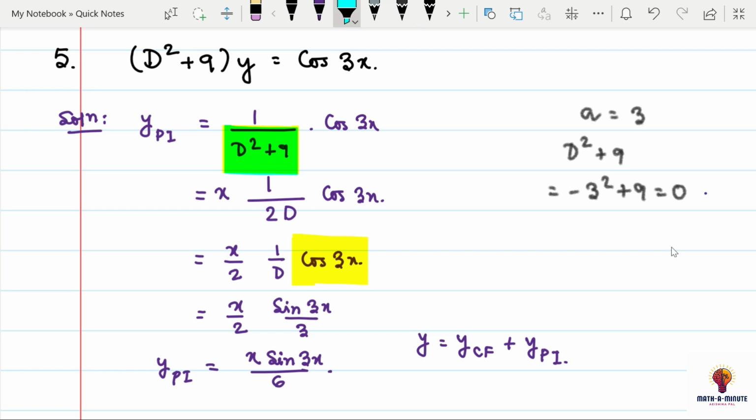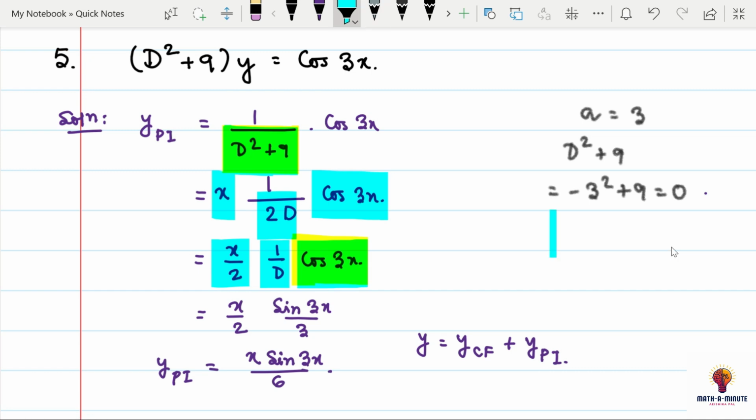It says that you have to write x into the derivative of this function D square plus 9, which is 2D, into cos 3x. In the next step we can write x by 2 into 1 by D of cos 3x. This D is basically the derivative operator.